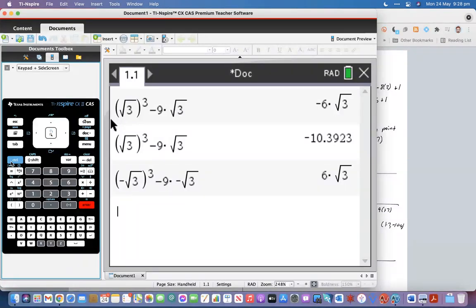So that's negative 1.7 cubed minus 9 times negative 1.7, which is equal to positive 10.4. So it's negative 1.7, 10.4.